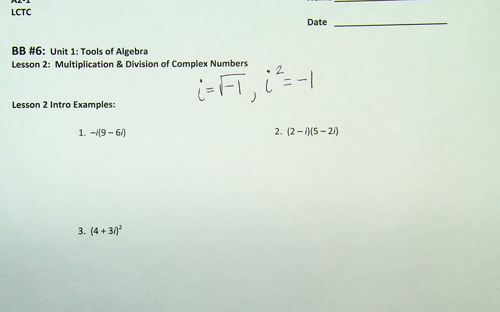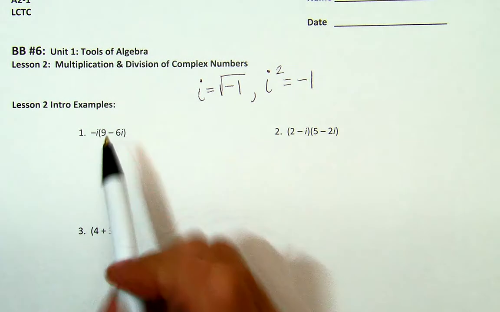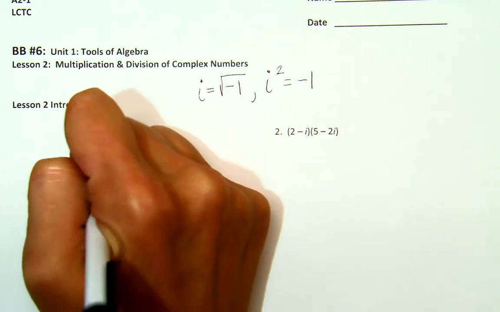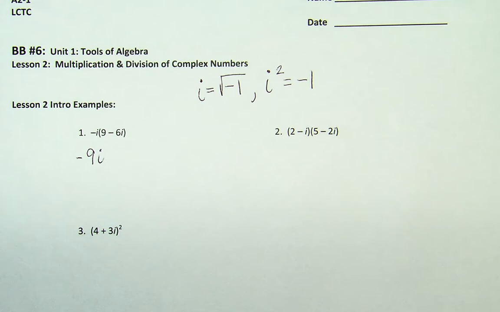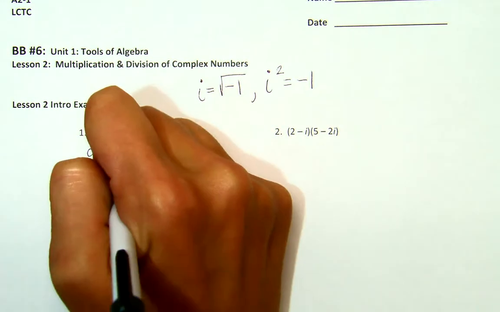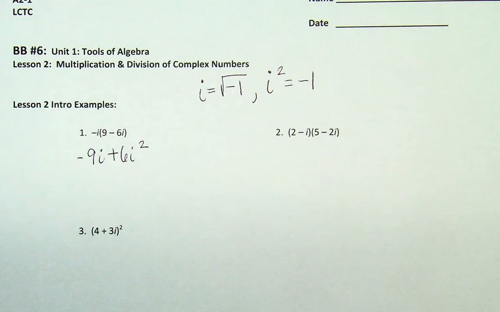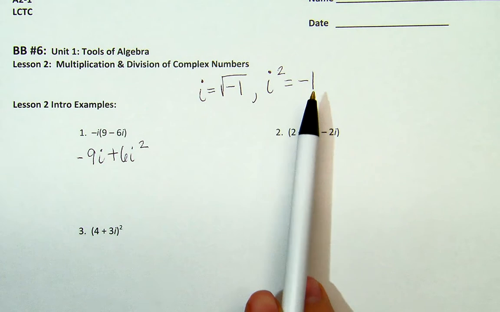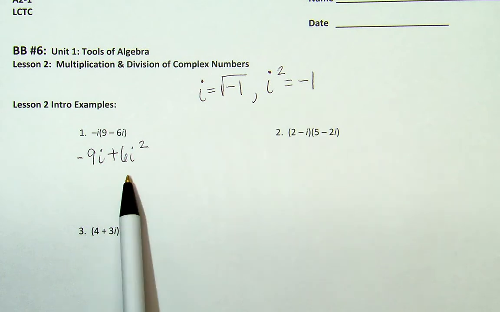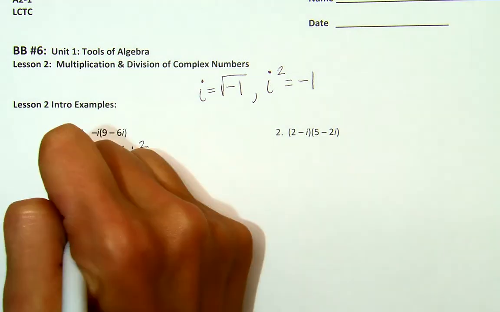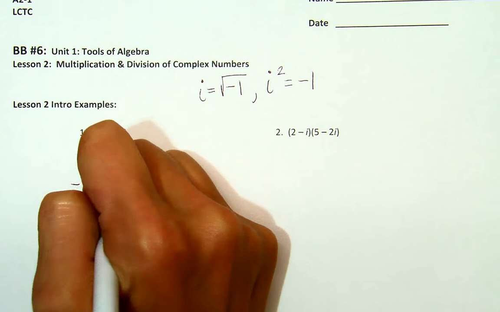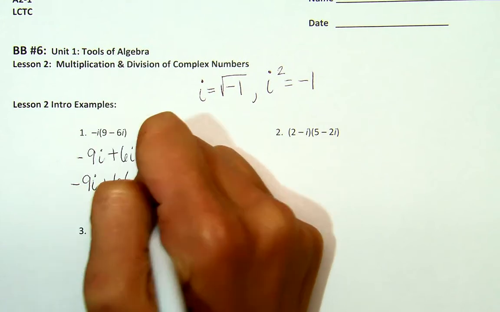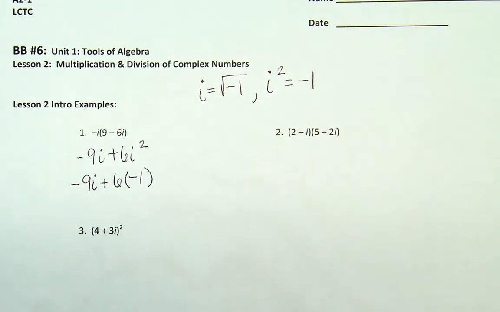So -i times 9 gives me -9i, and -i times -6i gives us a positive 6i squared. At this point, we know that i squared has a real number value, so we can plug -1 into i squared and simplify. So we get -9i plus 6 times the quantity -1.